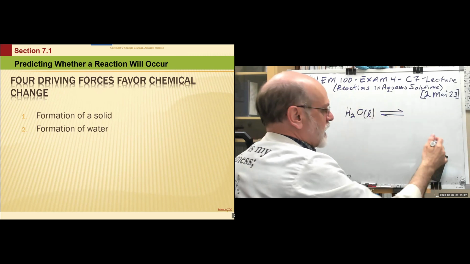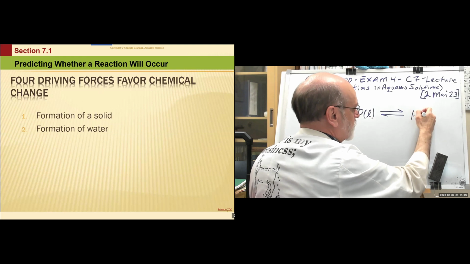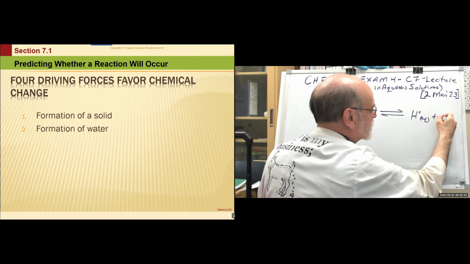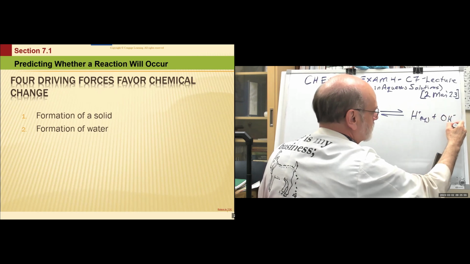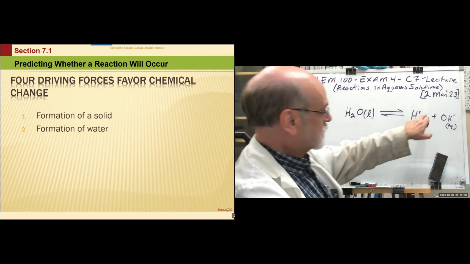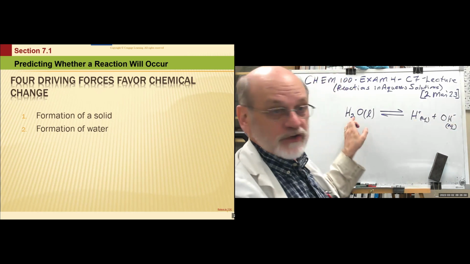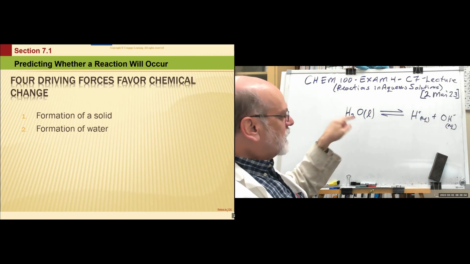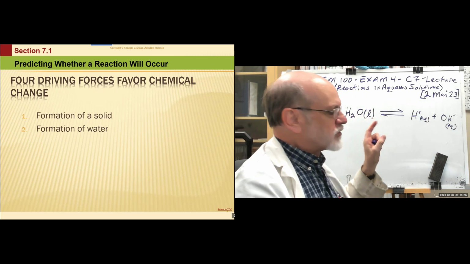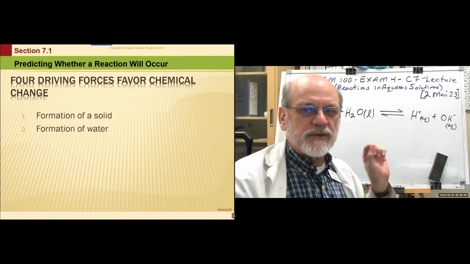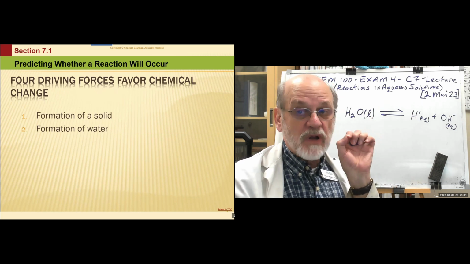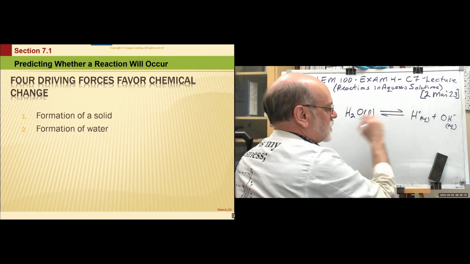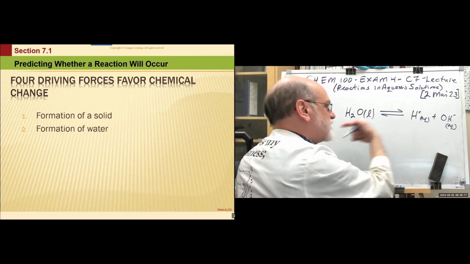It will dissociate into these two ions, right? So 1 plus and 1 minus is neutral. So we're balancing our charges. The interesting part about this is it only happens to a very, very, very small amount. So the principal reaction is in this direction.